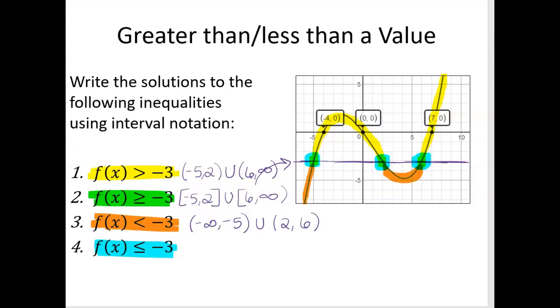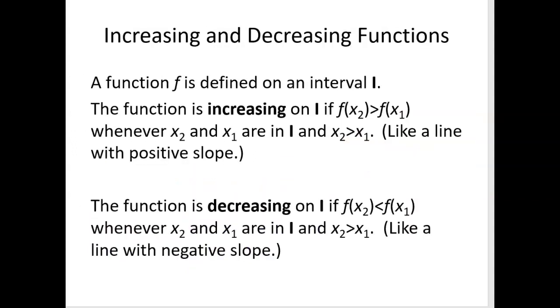So now we're going to have -infinity to -5, bracket, union, bracket, 2 to 6, bracket. Okay, notice you always use parentheses on infinity, okay? But we were able to add the brackets in on those other numbers since we are including those spots on the line, okay? All right, let's move on to increasing and decreasing.